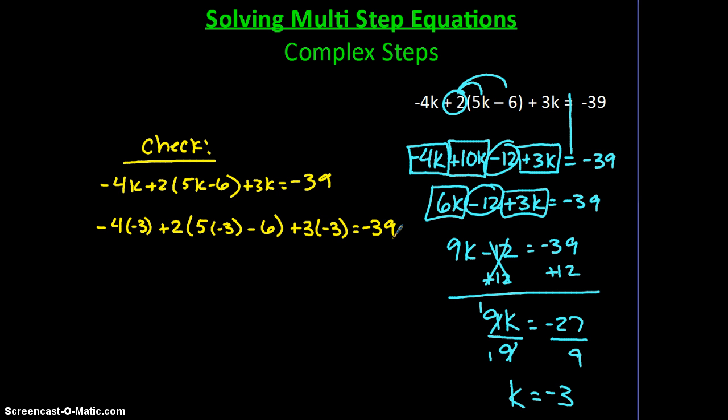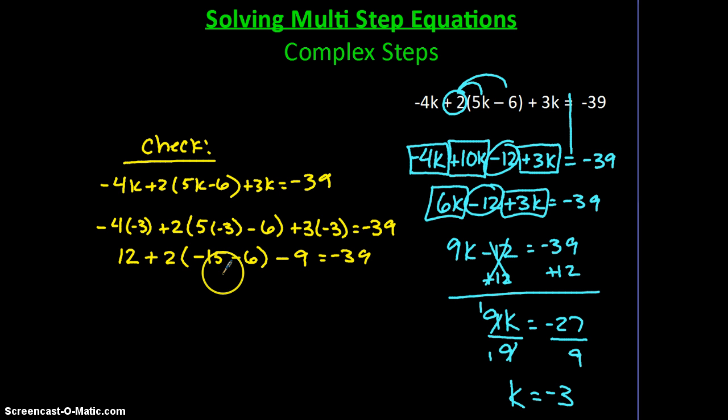Okay? So now when we go through, let's actually evaluate everything. So I'll take care of my multiplication, which negative 4 times negative 3 is positive 12, plus 2 times 5 times negative 3. I'll take care of this parenthesis first, one step at a time though, is negative 15 minus 6. And then negative 3 times positive 3 right here is a negative 9, which should equal negative 39.